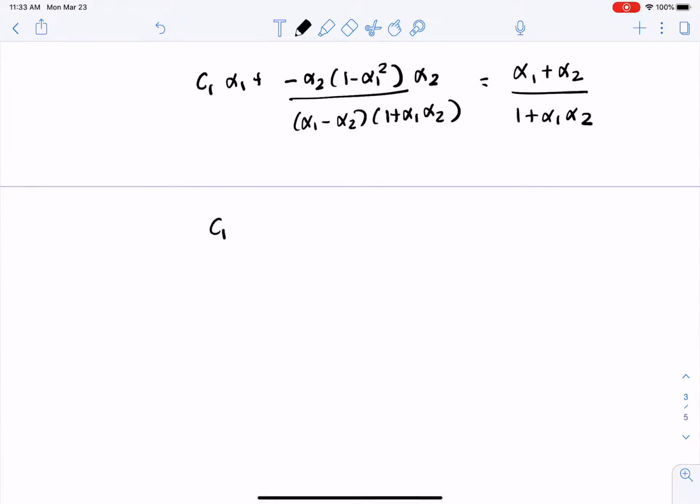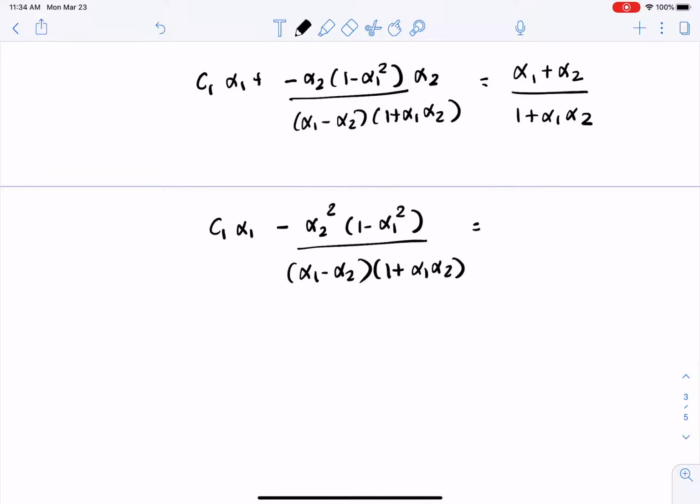So C1 alpha 1 times (1 minus alpha 2 squared) multiplied by (1 minus alpha 1 squared) over (alpha 1 minus alpha 2) times (1 plus alpha 1 alpha 2) equals (alpha 1 plus alpha 2) divided by (1 plus alpha 1 alpha 2).